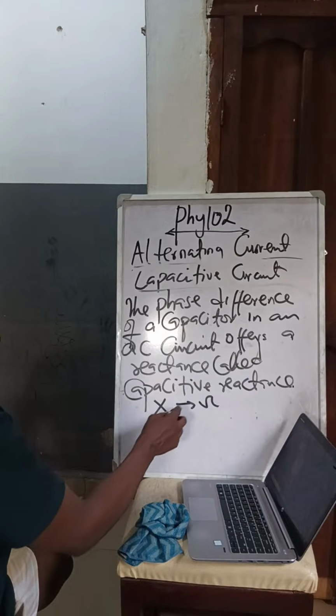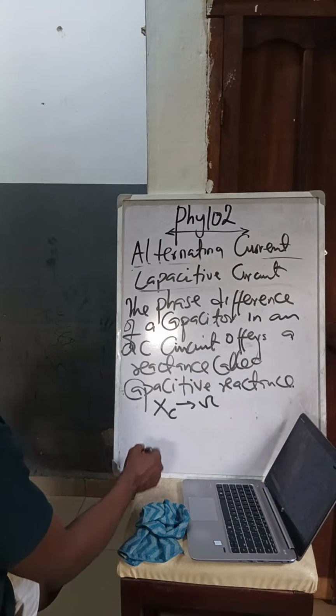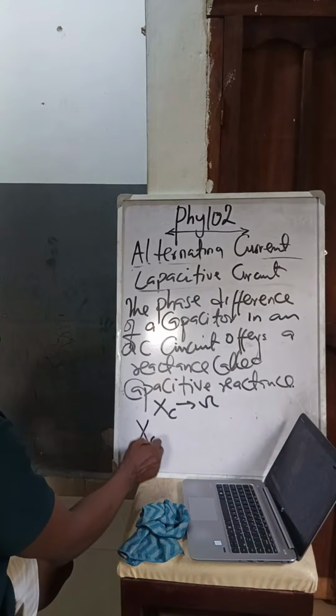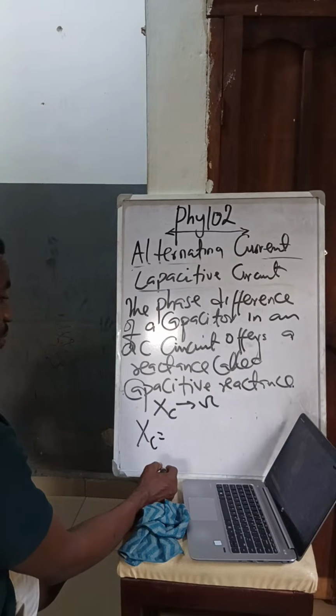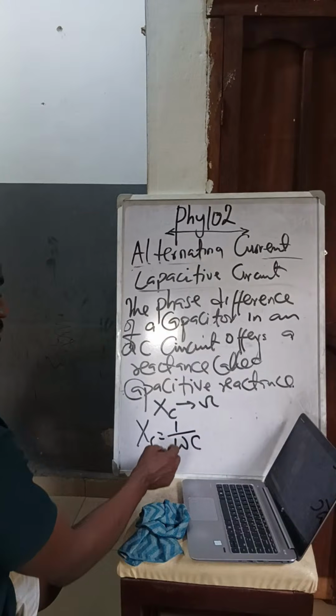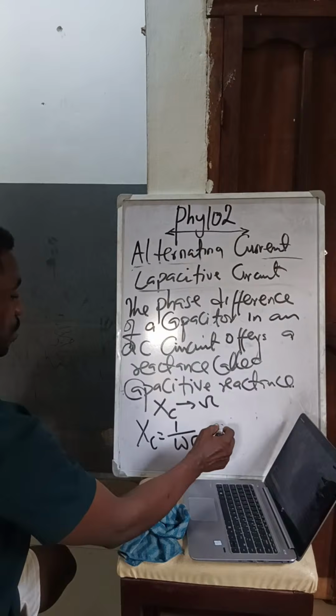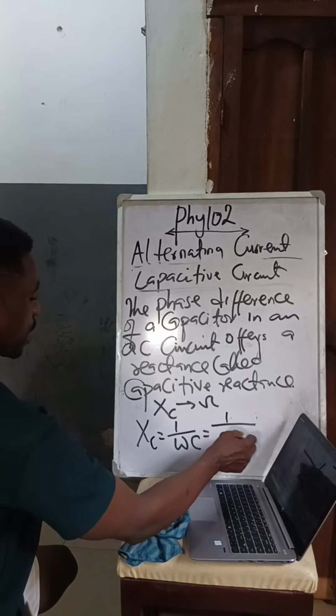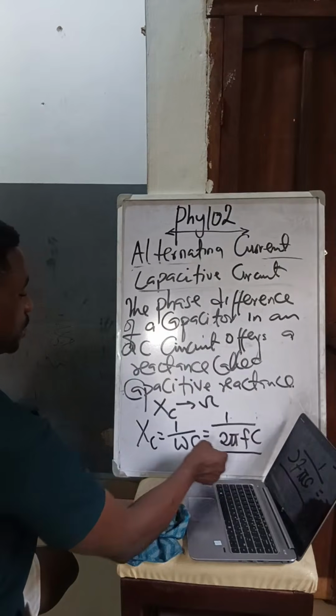So the general formula for capacitive reactance is XC is equal to 1 over WC, which is equal to 1 over 2 pi FC.